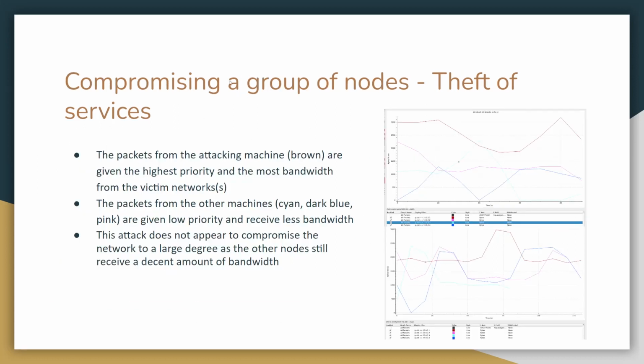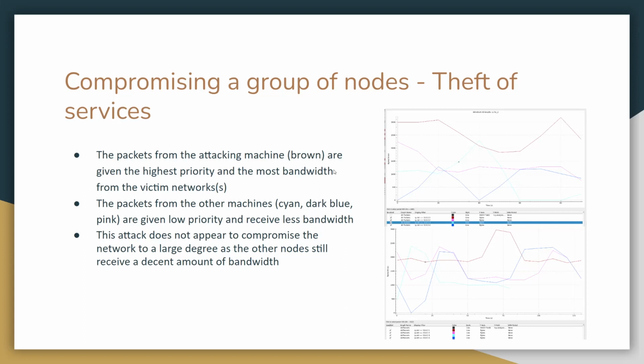Here is our fourth attack, which is to compromise a group of nodes, the theft of services portion. Here is the traffic of the attacking machine on two different victim networks. As can be seen here, the brown line has the most consistent bandwidth in comparison to all the others.